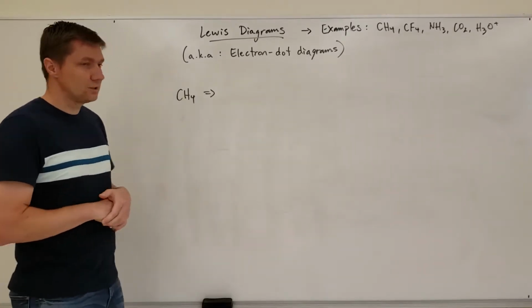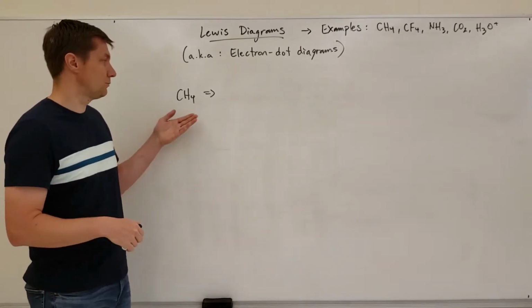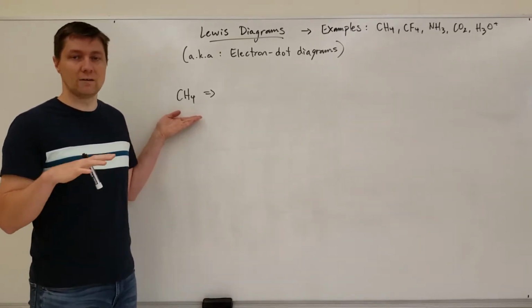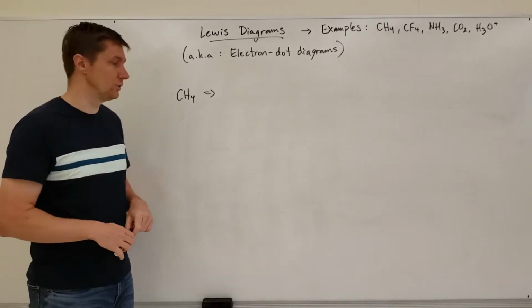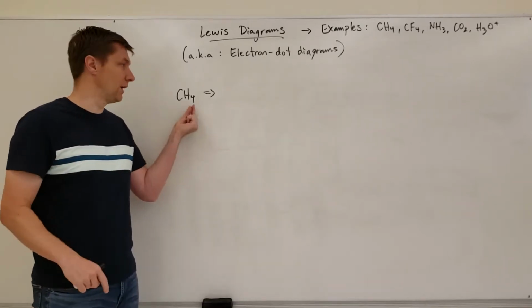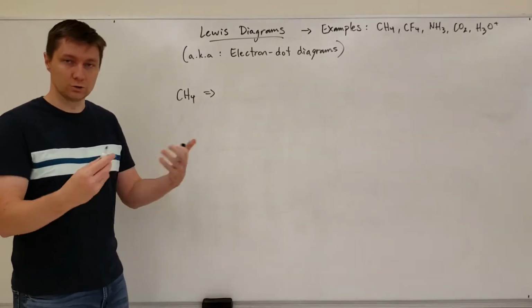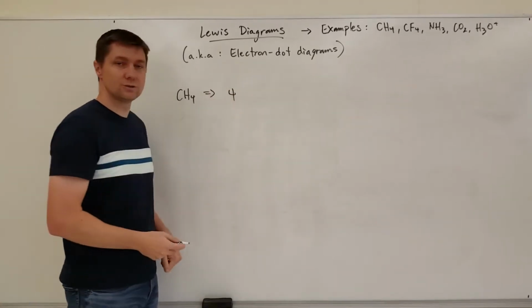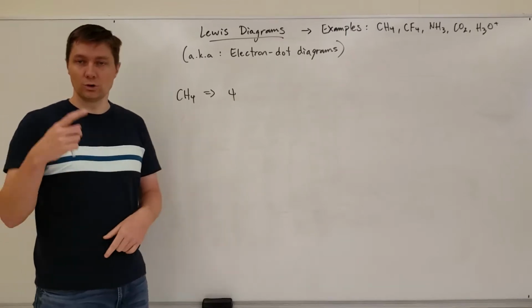So the first thing we need to do when drawing Lewis diagrams is count up how many valence electrons we have to work with from all the atoms involved in this diagram. You can see in this diagram I have one carbon and 4 hydrogens. One carbon will contribute 4 valence electrons, and hydrogen will contribute 1.